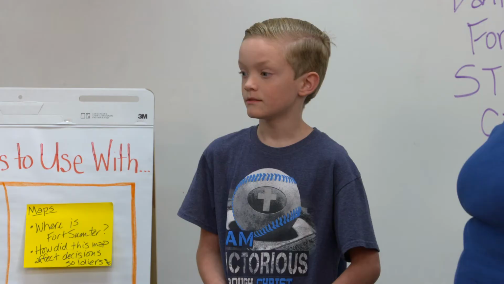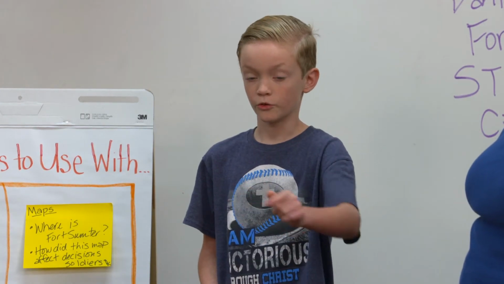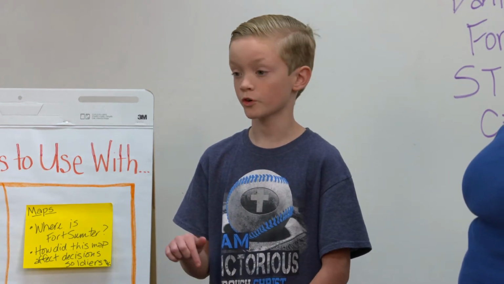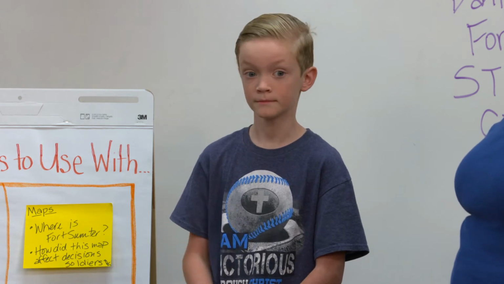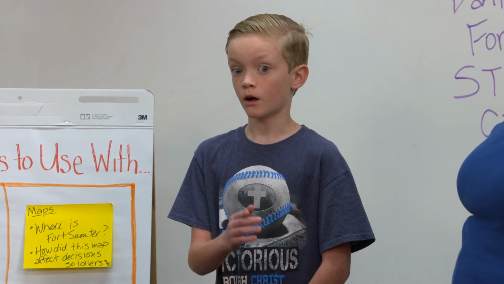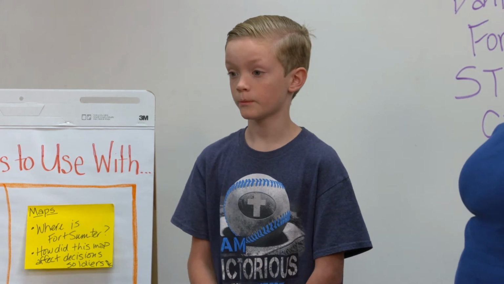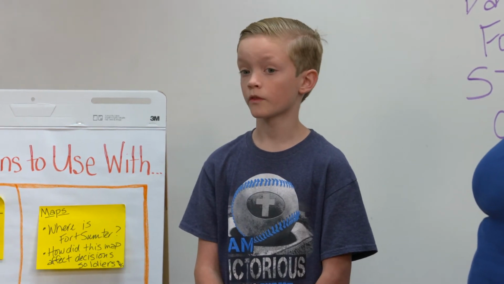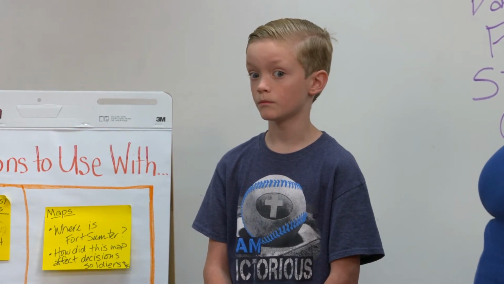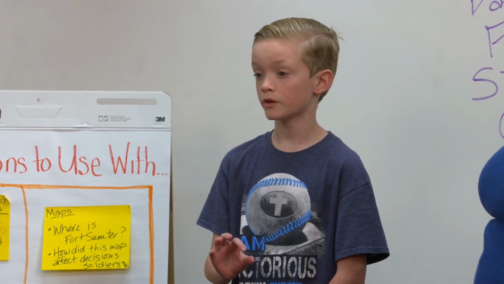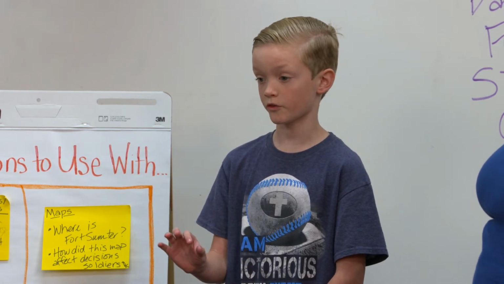Our group went to maps and we saw that Fort Sumter was surrounded by water. And then whenever we got over to the newspaper clips and articles, we saw that one of the articles said rebellion, shots fired at Fort Sumter.